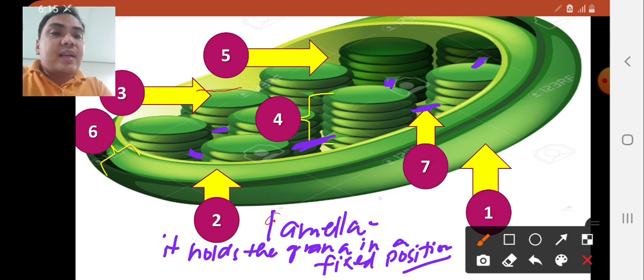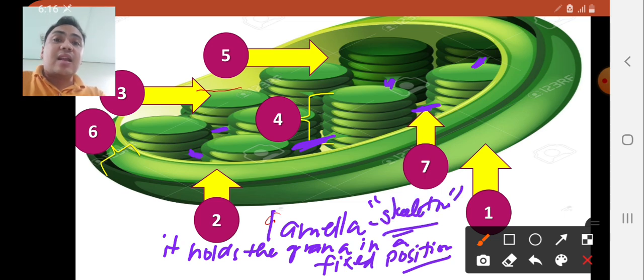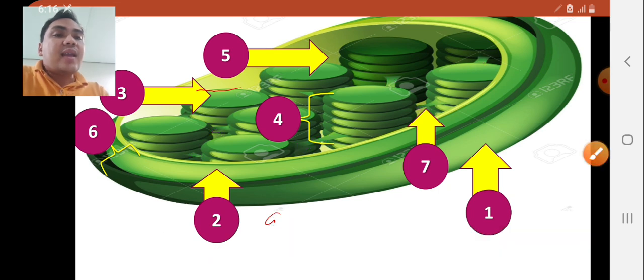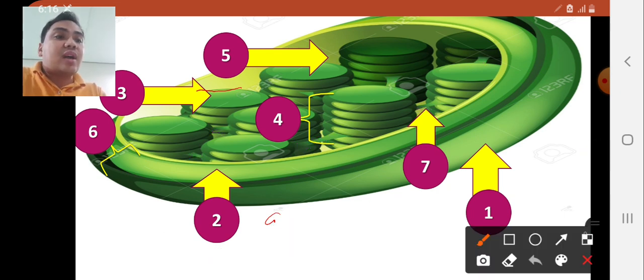We can compare the lamella to the skeleton, or the skeletal system of the body. Since it acts as the skeleton, it is responsible for the grana maintaining their fixed position. So again, we have the following structures.